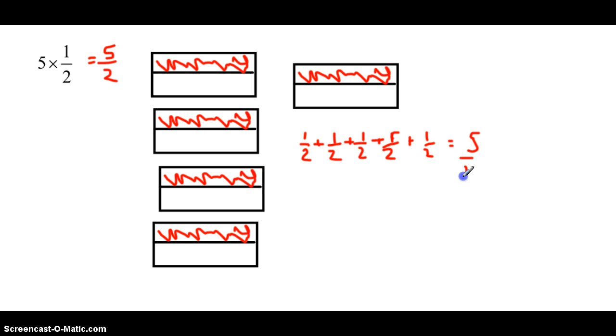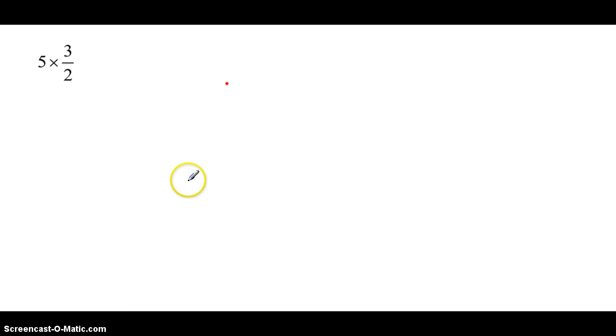Okay, so now let's try an improper fraction by a whole number. I've got 5 times 3 halves. Again, I want to remind students that this means 5 groups of 3 halves. So I first want to model 3 halves. I'll take this and create my halves.